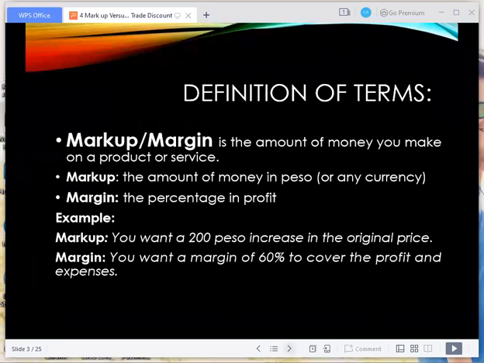However, we can denote markup as a percentage. So that is why we had markup rate discussed last time. If you want to compare percentage of markup and margin, you are comparing markup rate and the margin. But comparing markup alone and margin, that's a different story because they have different units.